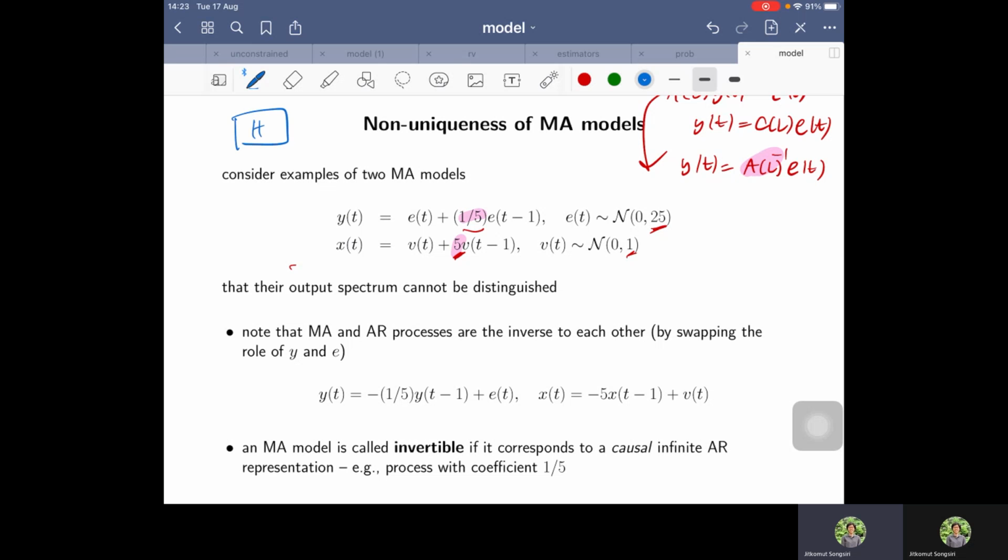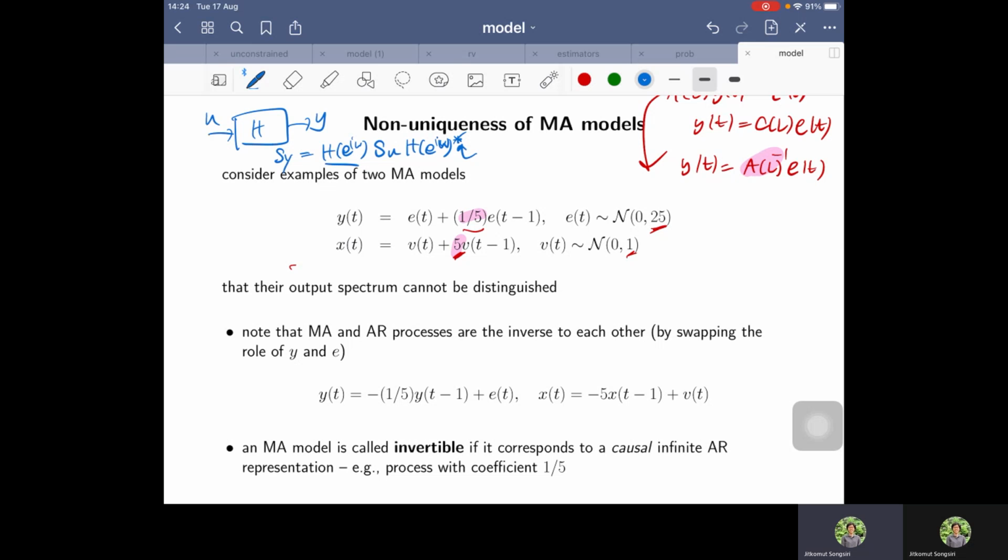If you have a system H, with input U and output Y, the spectrum of Y is given by the transfer function H times the spectrum of U times the transfer function's complex conjugate transpose, or the Hermitian operator.